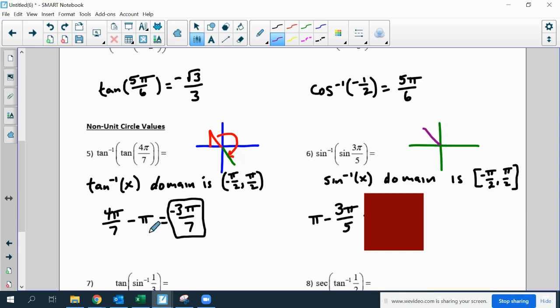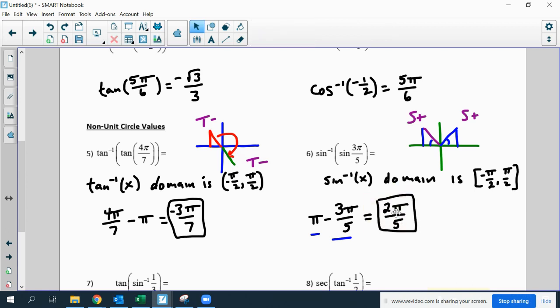So I'm not going to be subtracting pi, because tangent is negative in the second and fourth, whereas sine is positive in the first and second. So really what I want is a value in the first quadrant that has the same reference angle. So that means I'm going to be doing pi minus 3 pi fifths, and I would get 2 pi fifths as my answer.